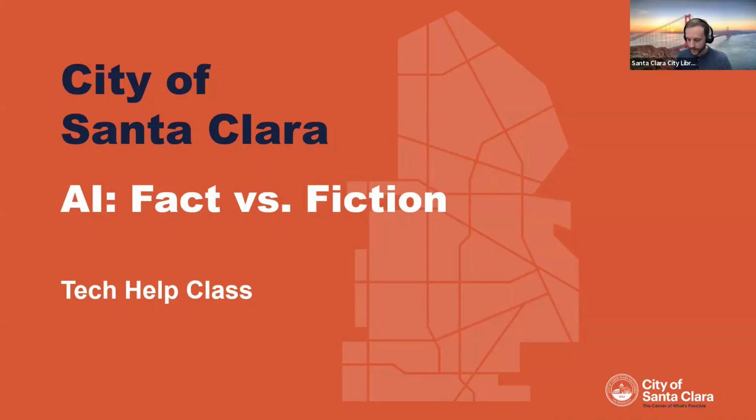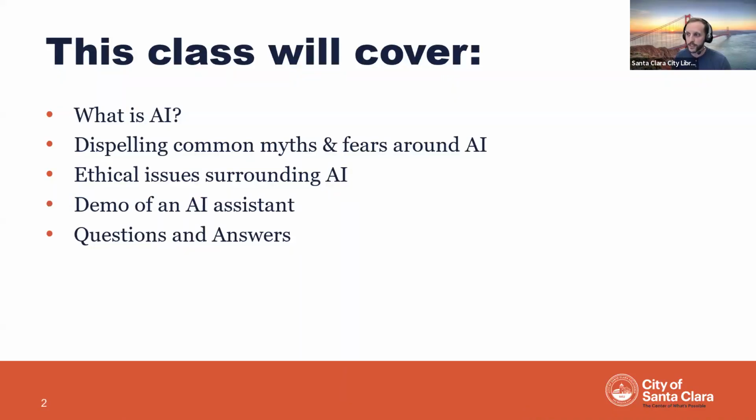So this is the AI Fact versus Fiction class, and what we're going to cover today, if my slideshow will go along. First of all, what AI is. When we talk about AI, what do we mean? Then we're going to get into the meat of the class, the fact versus fiction portion, where I'm going to dispel some common myths that I hear and fears that people have around AI, and hopefully put your minds a little bit at ease about some things that can cause anxiety.